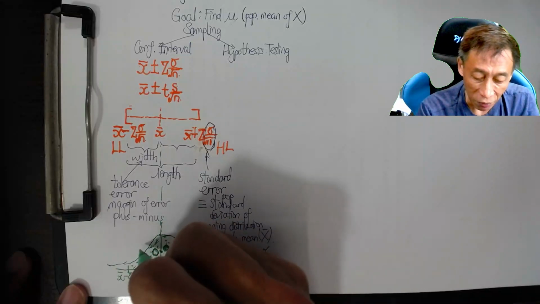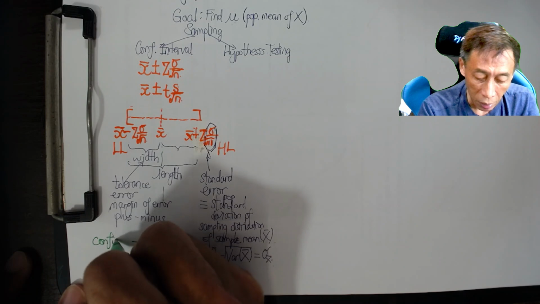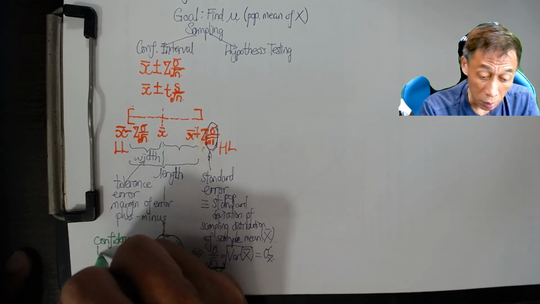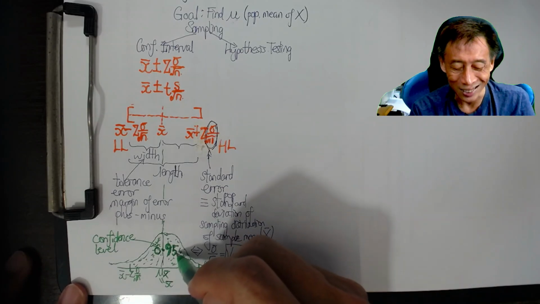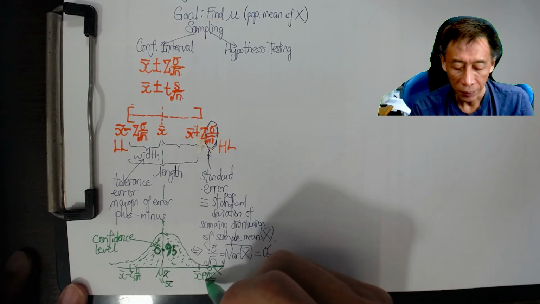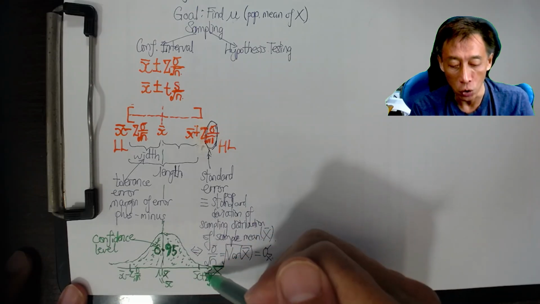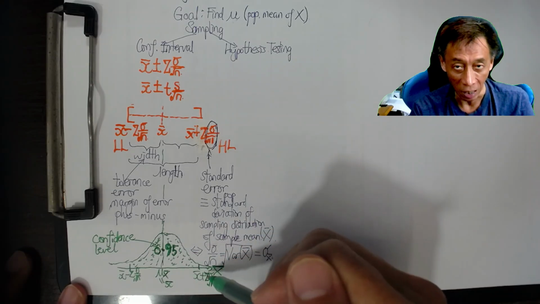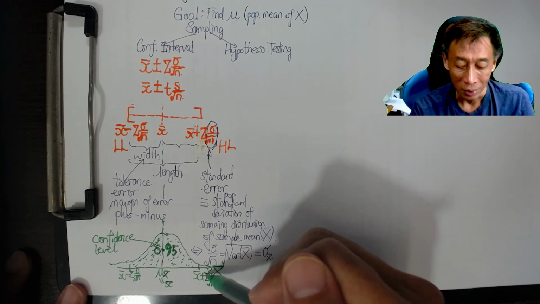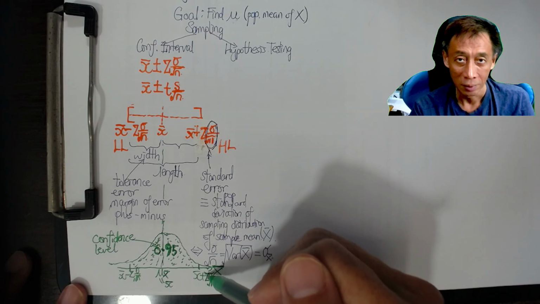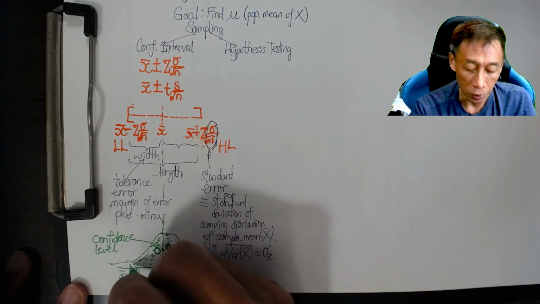This is typically given to us. The 95% dictates the size of Z. We just perform an inverse norm to find Z. And if it is T, then we find an inverse T to find the value, sometimes called the critical value for Z or for T. So this will be the limit.